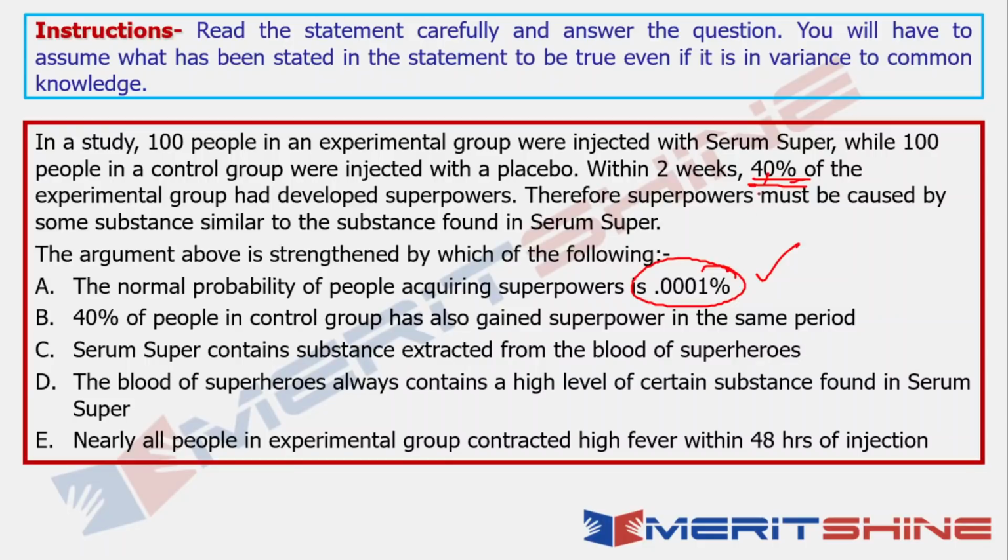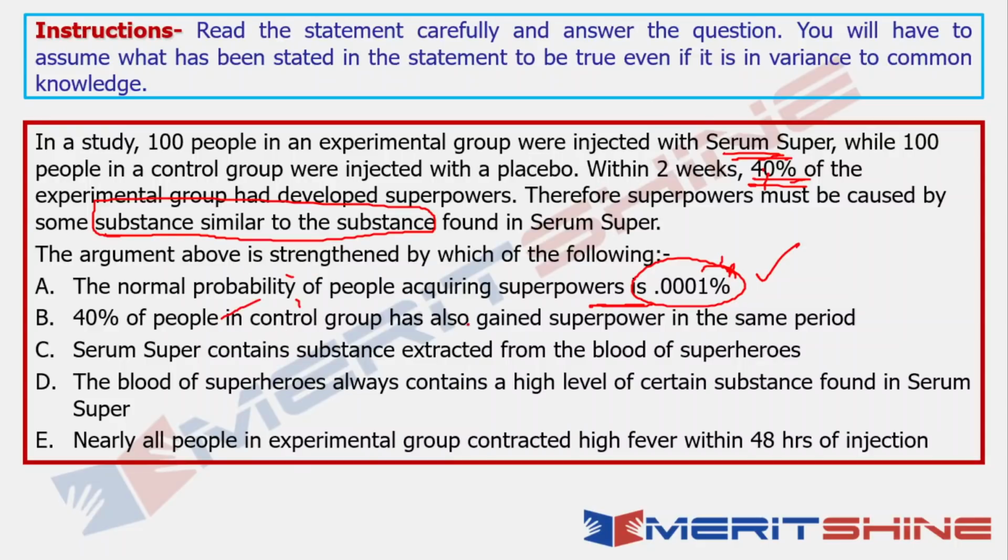So there is a gap, right? This gap might be due to serum super. So I'll keep this. If I don't get a better one, I'll go with it. But this still does not answer the strengthening of this particular part, but still I'll keep it because it goes with the logic.